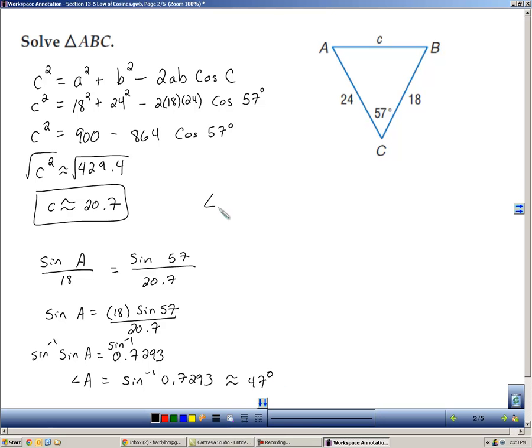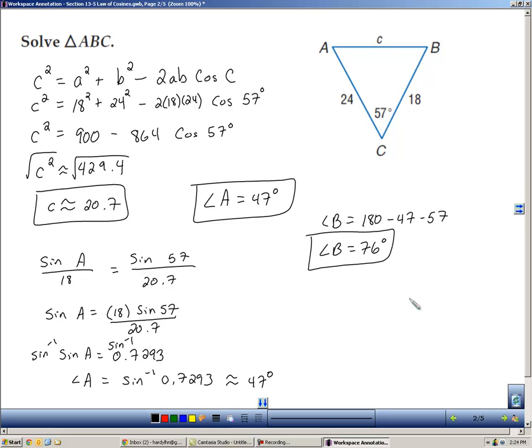So I'm going to come up here and say angle A is a 47-degree angle. And then to find the last angle, angle B, we take 180 minus the 47 and the 57 that I already know, and I can find out that angle B is 76 degrees. So we use the law of cosines to find c, we use the law of sines to find angle A, and then we use the fact that all the angles in the triangle add to 180 to find angle B.